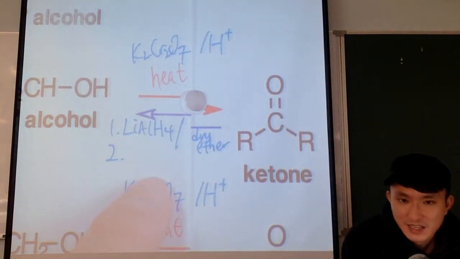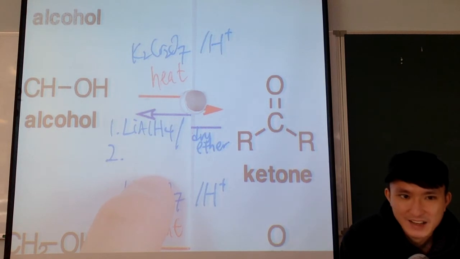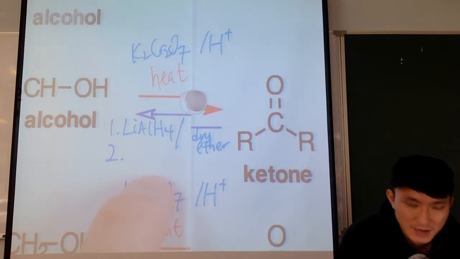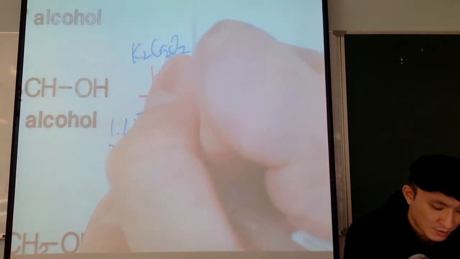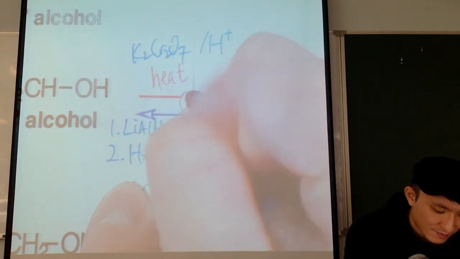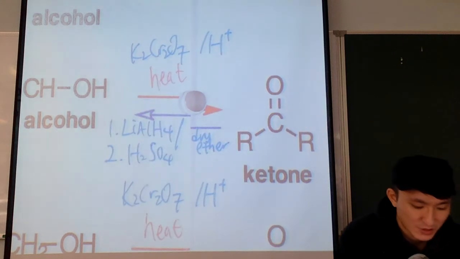Now the acid, you see in the chemistry guide they simply use H+, but for me, I would like to use an actual acid, so I will do dilute H2SO4.